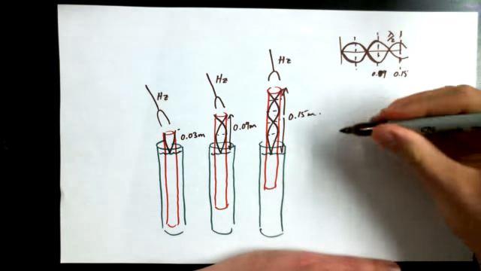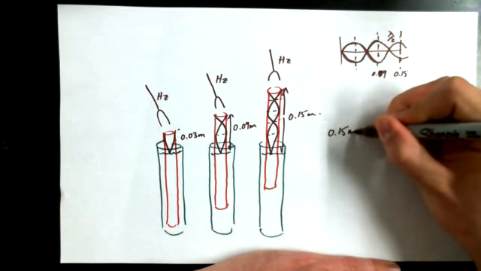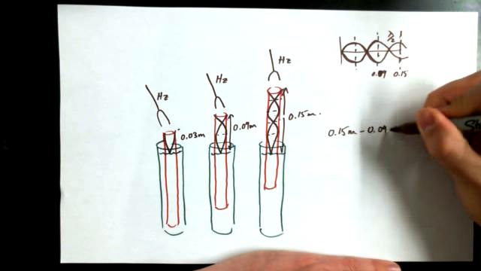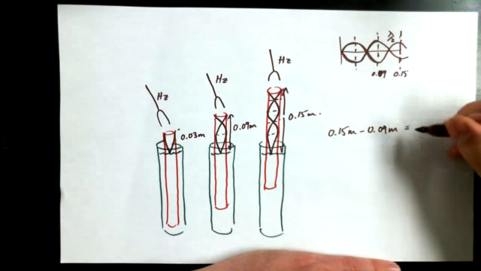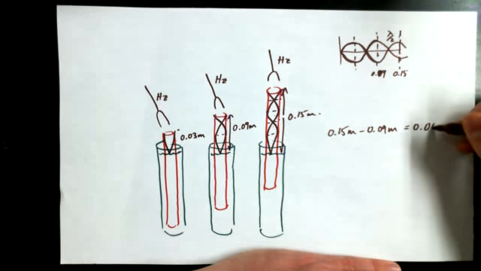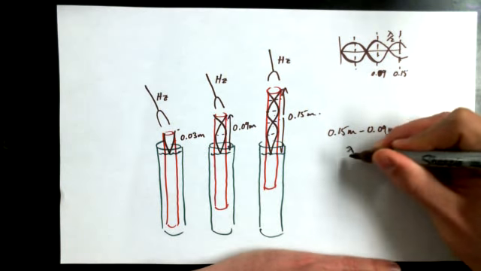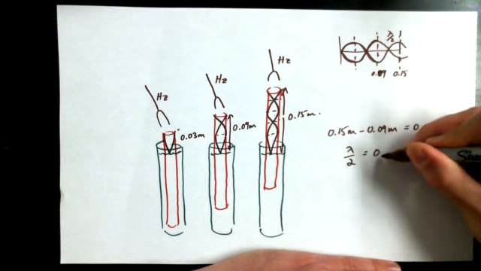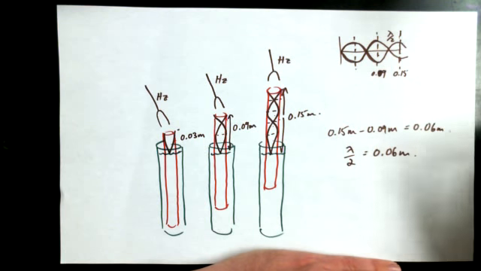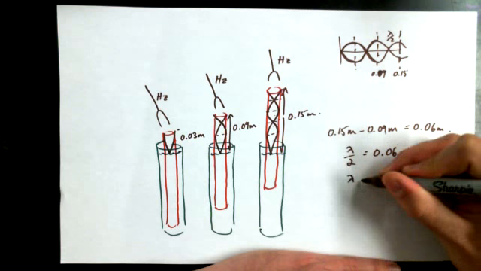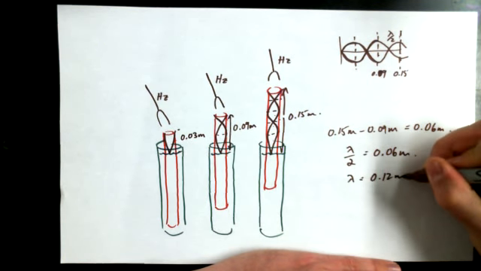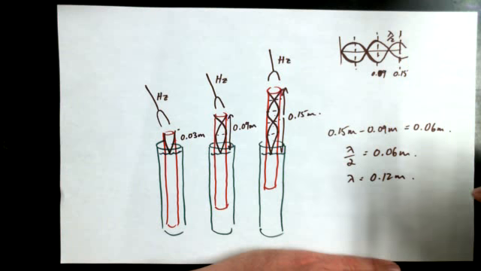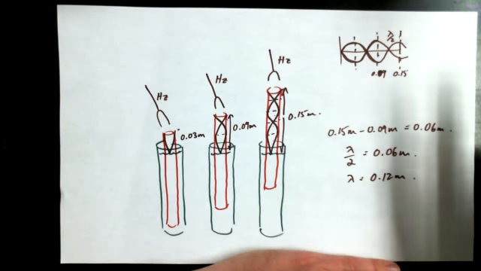Yeah, subtract them. 0.15 meters minus 0.09 meters, what's that? 0.06 meters. So lambda over 2, or half a wavelength, is 0.06 meters. And if I get lambda by itself, 2 times 0.06 is equal to 0.12 meters, so I am producing a 12 centimeter long wave.